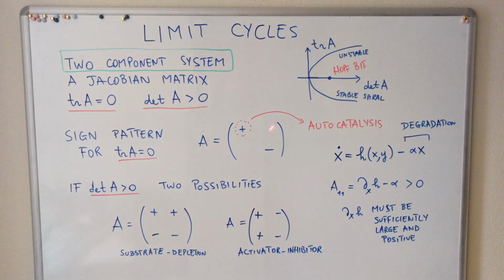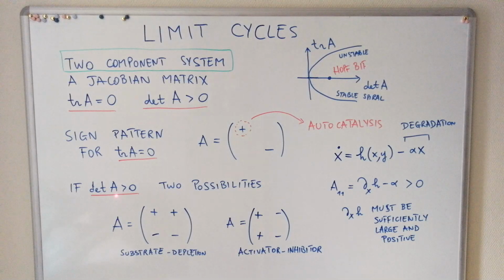And what happens to the other two terms, to the off-diagonal terms? We always have required that the determinant of A has to be positive. So our Hopf bifurcation is here. This sign pattern gives a negative contribution to the determinant, because the determinant is given by the product of these two. So this is a negative contribution. Therefore, I have to have a sufficiently strong and positive contribution to the determinant coming from the other two sides.